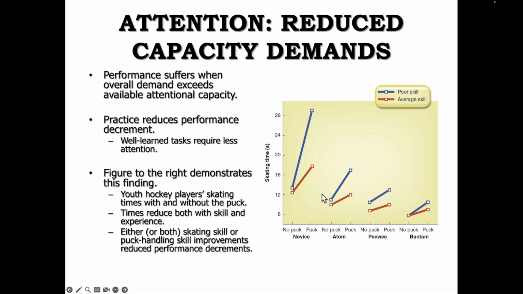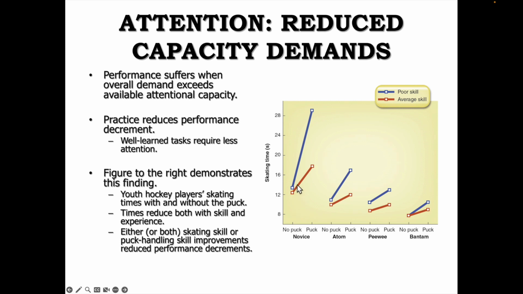In this particular study, they looked at poor skills, meaning those who are very beginner level, compared to those who are averagely skilled, in red. And what they're looking at is skating without a puck and with a puck.